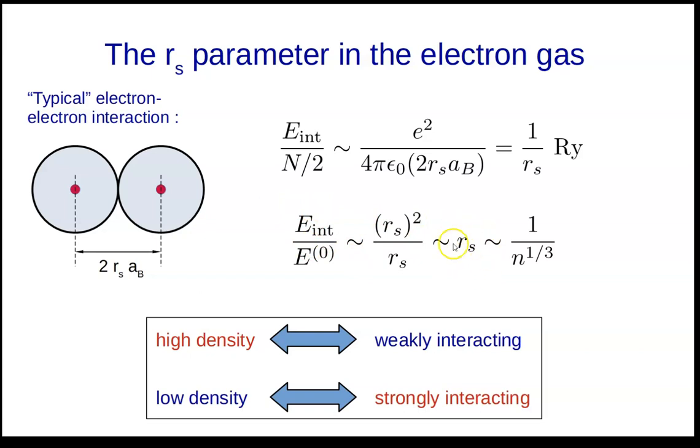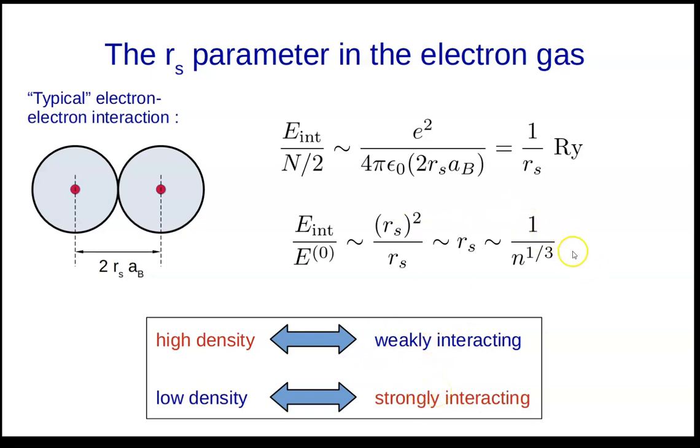I can use that as a perturbative factor to do a perturbative expansion in interactions at different orders of Rs, or at different orders of the interaction in the electron gas. So increasing Rs means I'm going into the low density limit. I'm going from high density to low density this way, from weakly interacting to more strongly interacting.